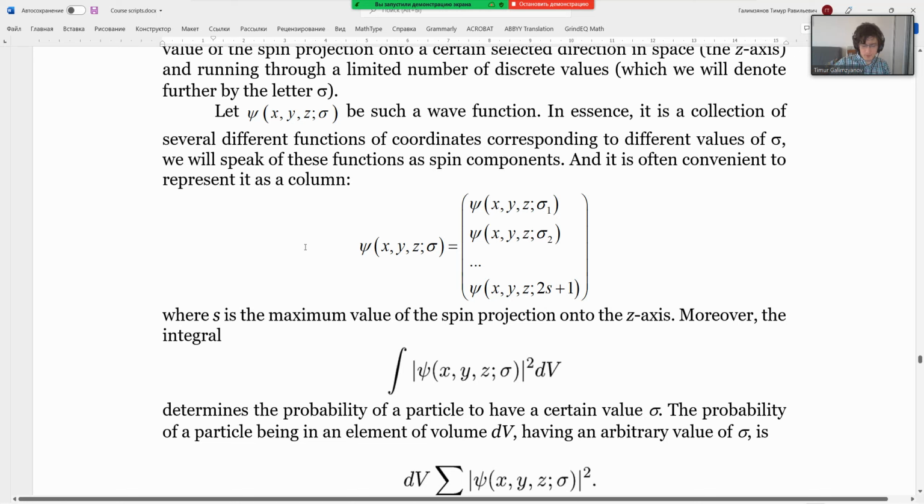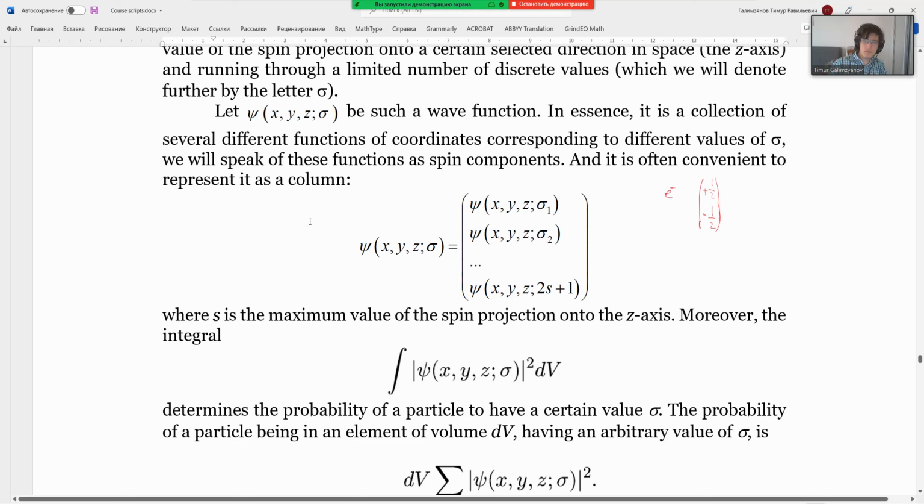And as I told you, the most common value: if we take an electron, there are two possible projections of the spin on the z-axis, which are +1/2 and -1/2 for the electron.